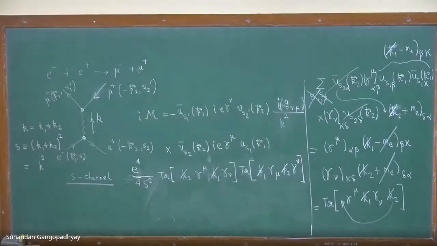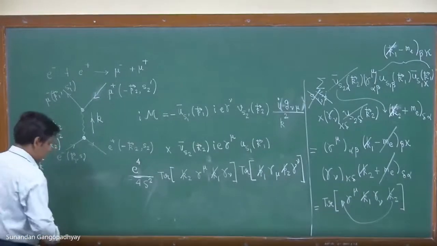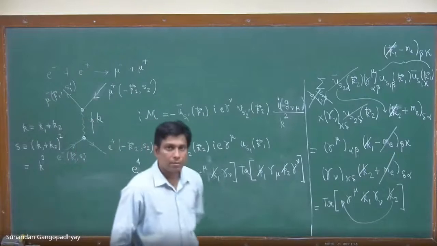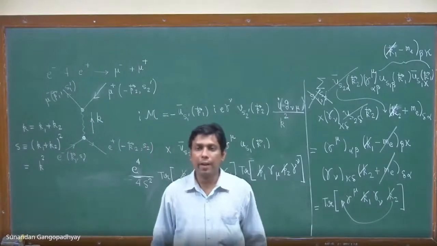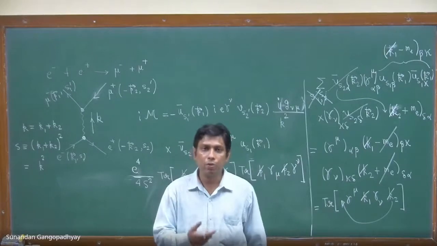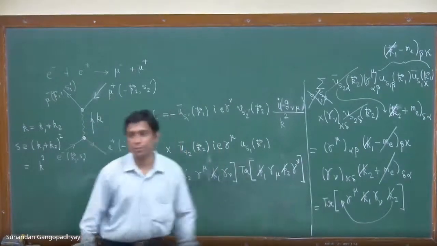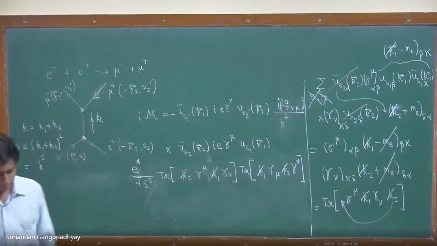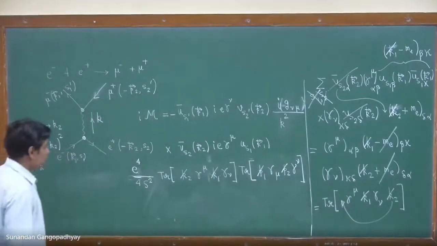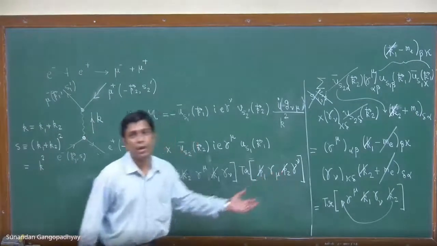So ultimately, what we have obtained is the following: the mod square of that scattering amplitude M squared, summed over the final spin states and averaged over the initial spin states, is basically equal to this expression. So it now remains for us to calculate the traces of these gamma matrices.